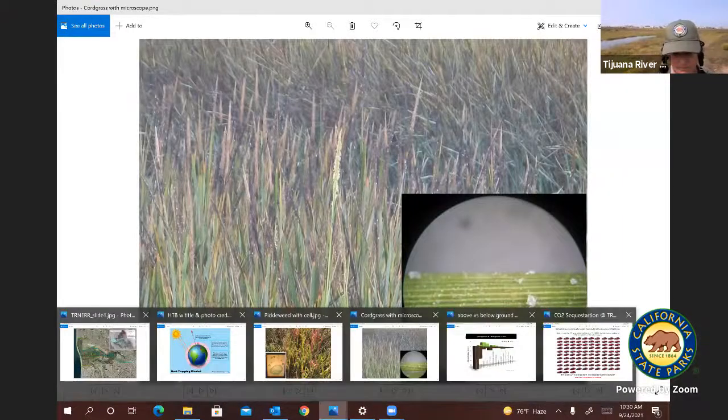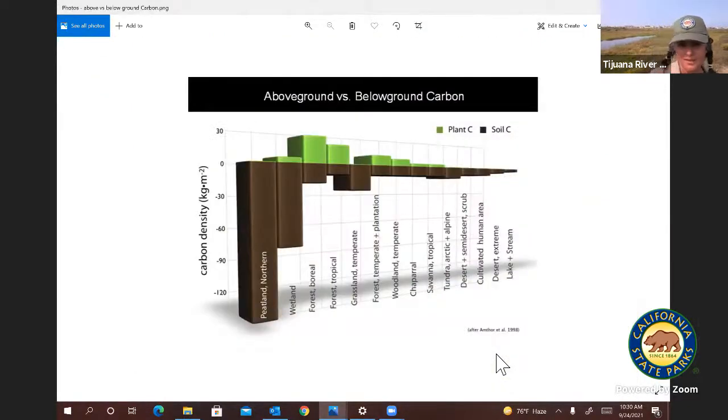But let me share with you another image, and let's look at some other plant communities. All right, let's see. This image is more of a chart, a graph, a diagram, where we can see a few of the different plant communities on our planet, and we're thinking about carbon.